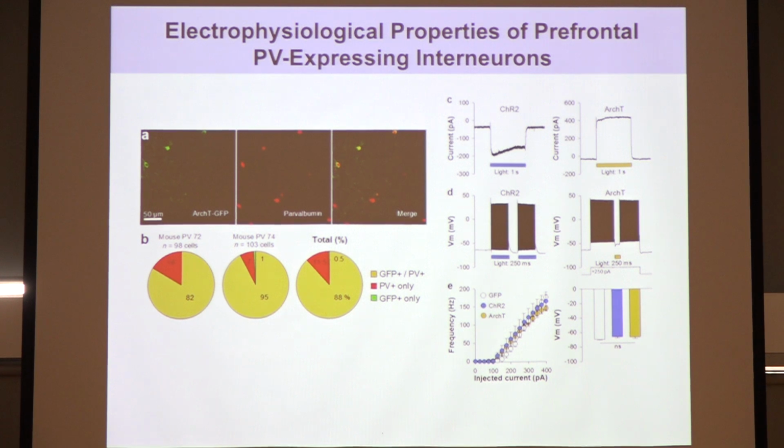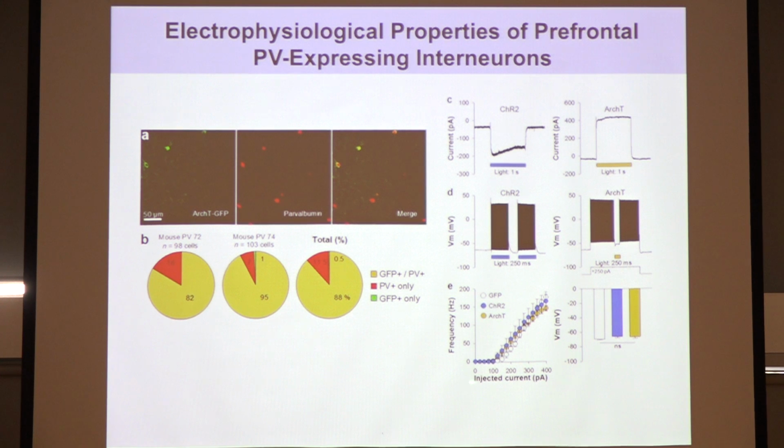And we have done some slice physiology experiments to evaluate whether the expression of archaerhodopsin in those PV neurons will change their firing pattern. So maybe we were able to record currents in activated or inhibited neurons using channelrhodopsin or archaerhodopsin. But this is maybe the more critical experiment we have done. We have recorded from GFP neurons, so PV expressing just GFP, PV expressing channelrhodopsin, or PV expressing ArchT.